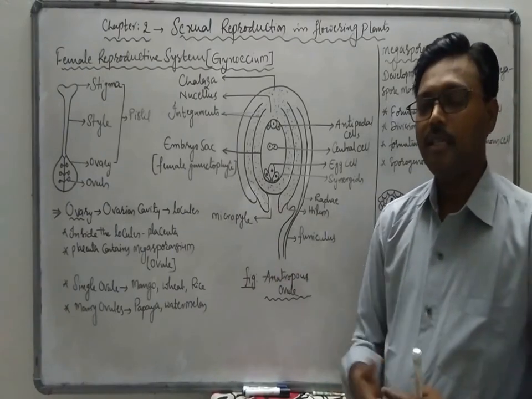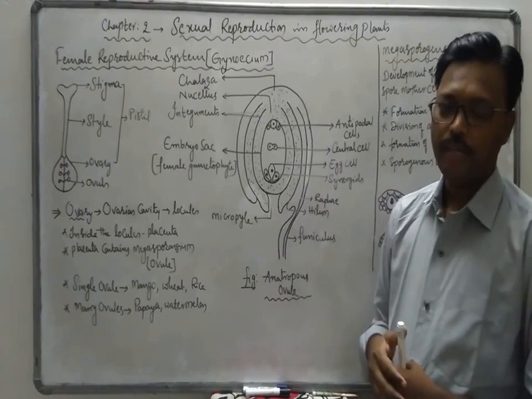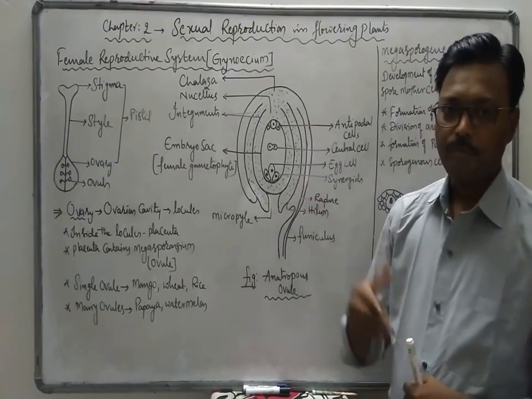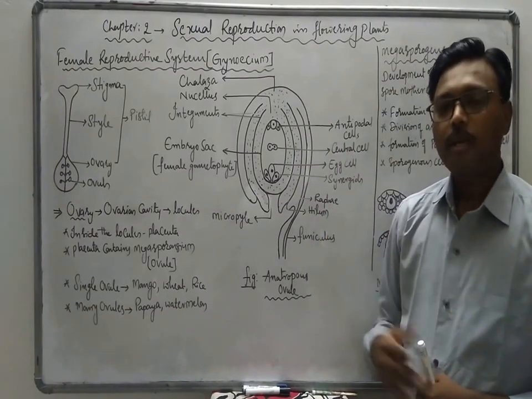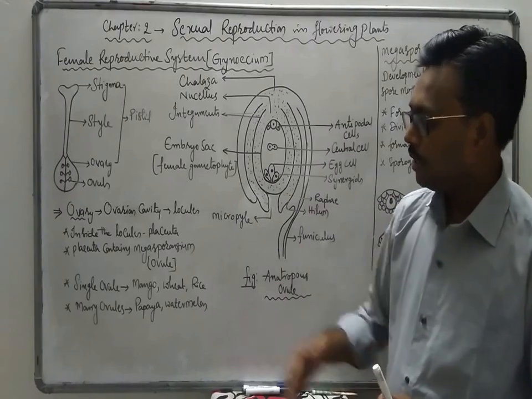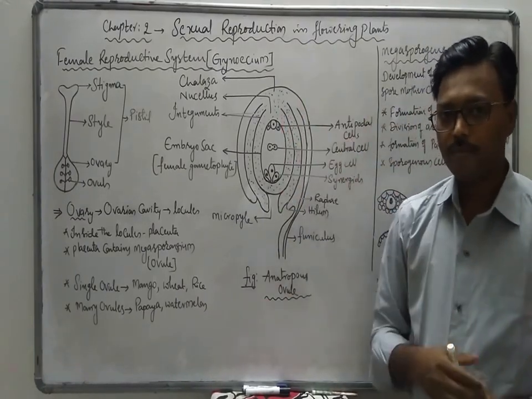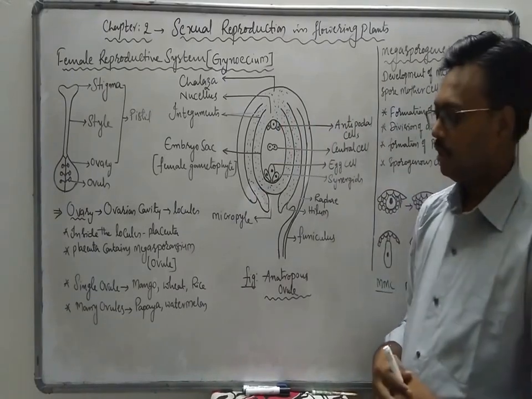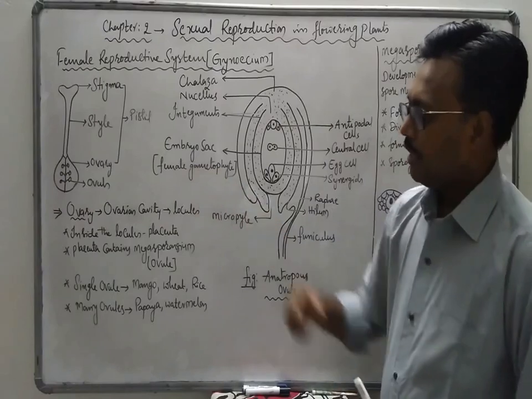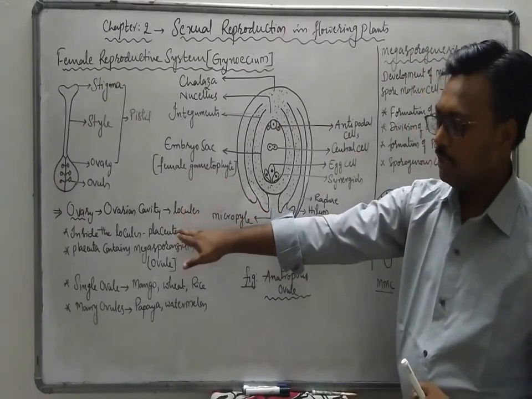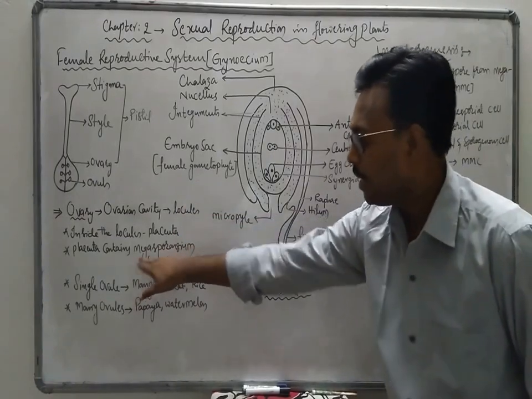In the different types of placentation, we already know marginal placenta, parietal placenta, central placenta, right? So all these are different placentations, that means different patterns of arrangement of ovules within the ovary. The ovarian cavity is called the locule, and inside the locule the placenta contains megasporangia.